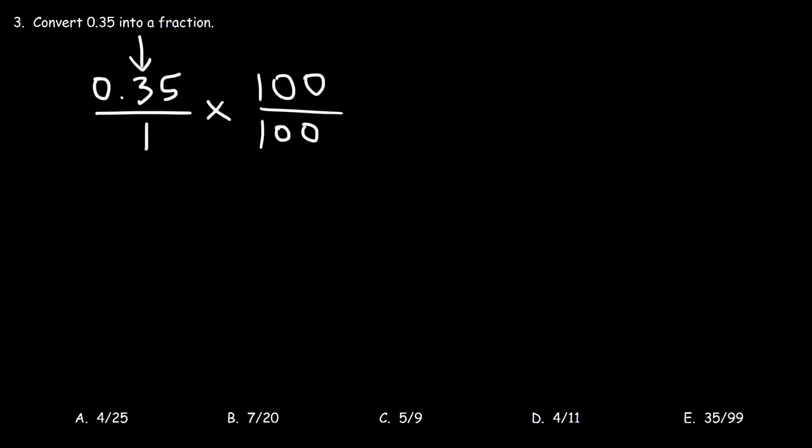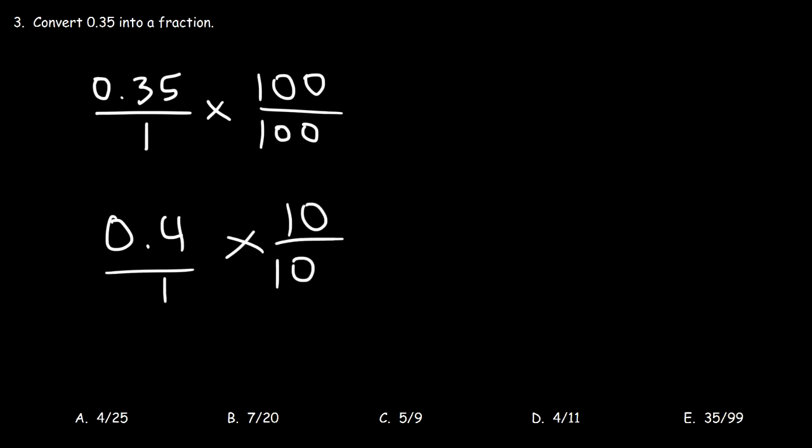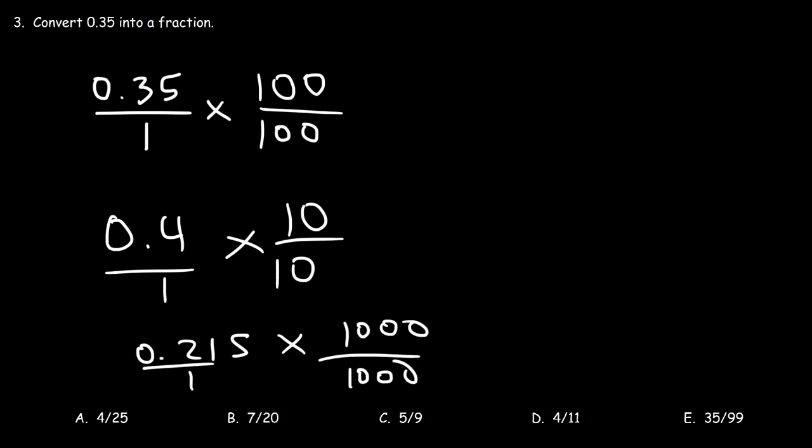So for example, let's say if I wanted to convert 0.4 into a fraction, I would multiply the top and bottom by 10 over 10. If I want to convert 0.215 into a fraction, I would multiply the top and bottom by 1,000. What this will do is it's going to get rid of the decimal.